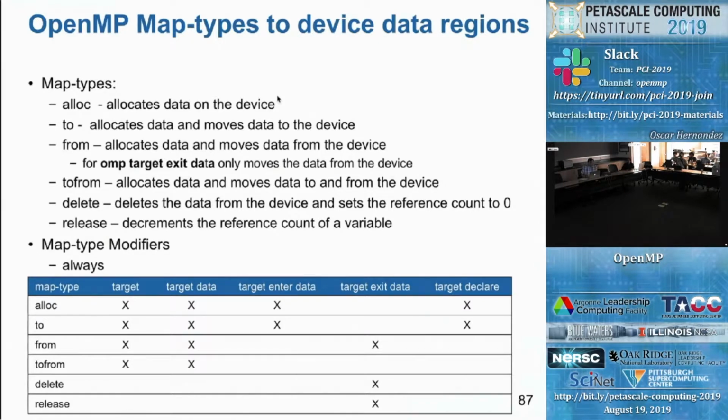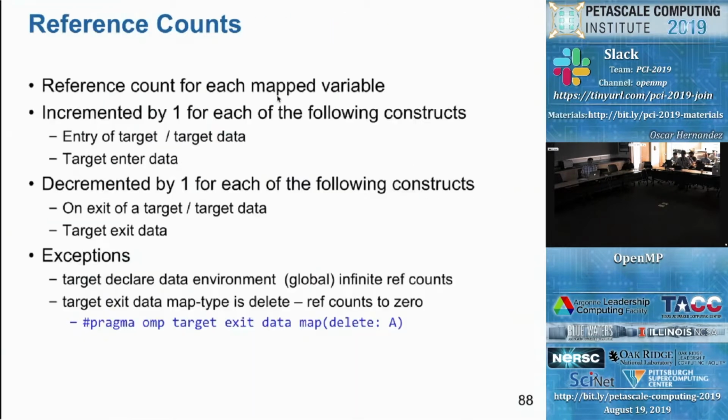Whenever a variable is encountered in a target data construct or a target construct and is being mapped, the reference count of that variable is increased by 1.